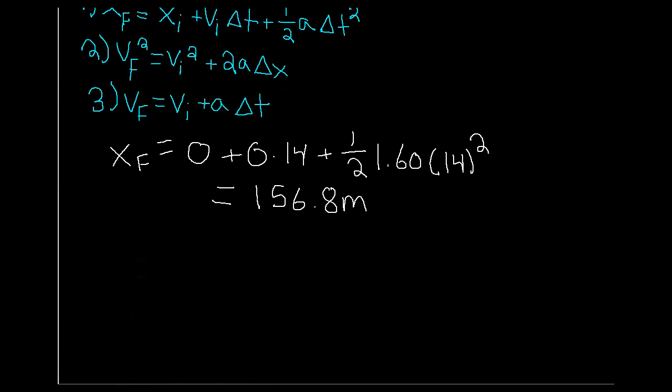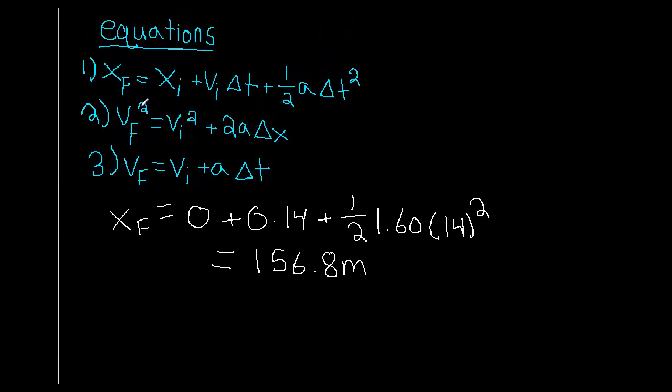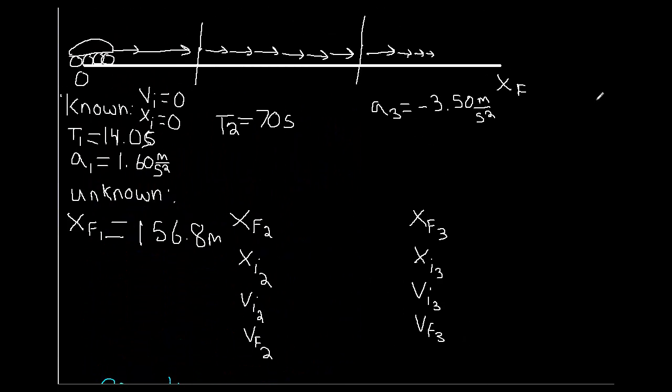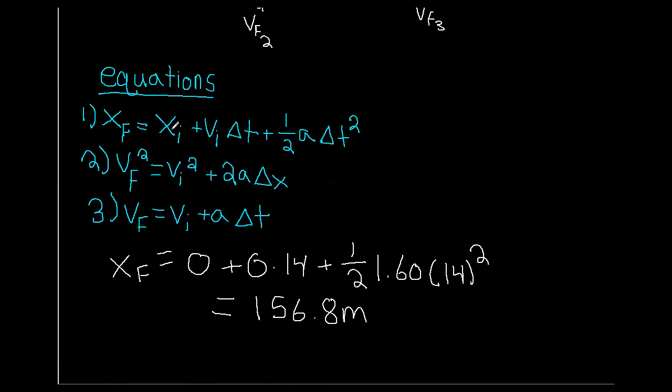So now we need to find the final position for stage 2. To do so, we're also going to use the same equation. However, we also need to find a new variable. If we look at equation 1, we have what we want to find, our x position. We can orient our coordinate system where the initial starting point of stage 2 would be 0, so x initial is 0, but we need to find velocity initial.